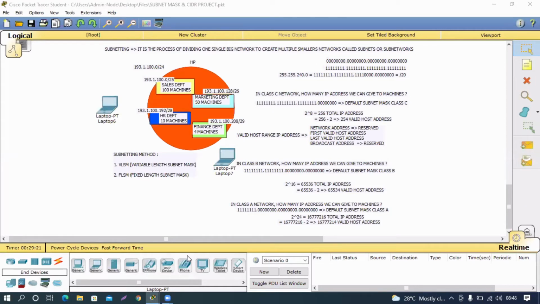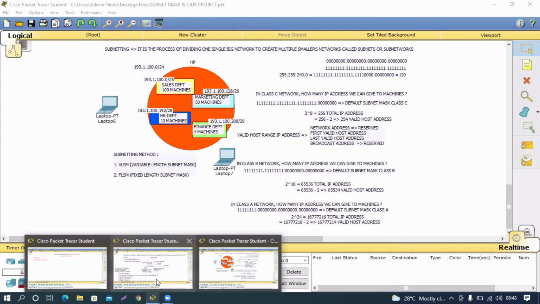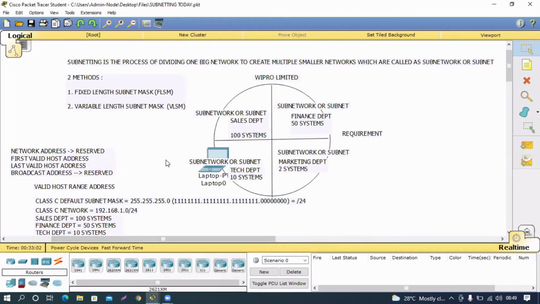So now we have this. This is your requirement. As you can see, we have our sales department, our finance, our technical department, and our marketing department. These are all the requirements. Every single company has requirements for systems in certain departments, and subnetting is not possible if you don't have any requirement.